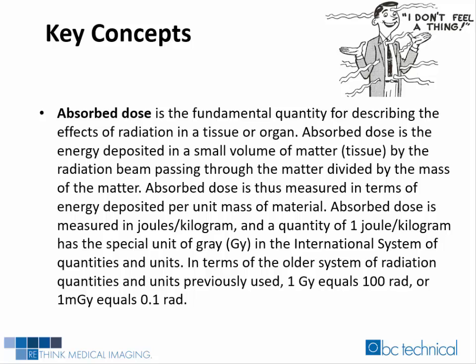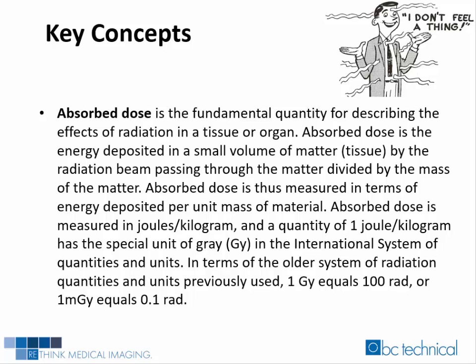Absorbed dose is the energy deposited in a small volume of the matter or tissue by the radiation beam passing through the matter divided by the mass of the matter. Absorbed dose is thus measured in terms of energy deposited per unit mass of material.